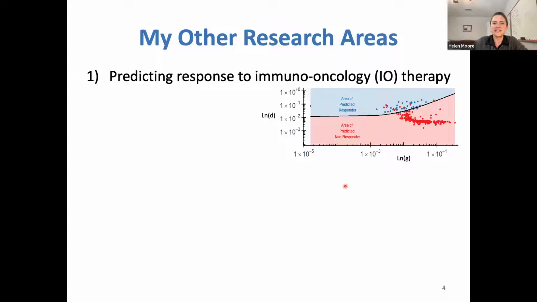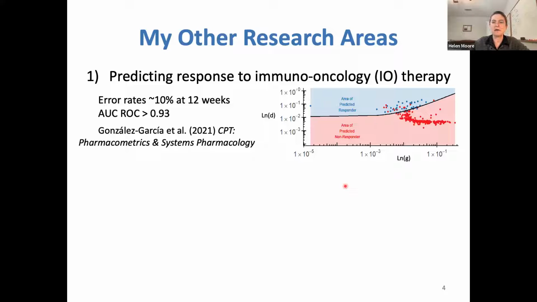This was work that I did at AstraZeneca, and I had developed a method, when I was at another company, for predicting who is going to be a responder to immunotherapy in the cancer space. This model-based prediction gave very good results. The error rate is around 10%, looking at an early time point at 12 weeks. We could tell in advance who was going to be a responder and who was going to be a non-responder. So that's published. That was the one piece of work I got to publish.